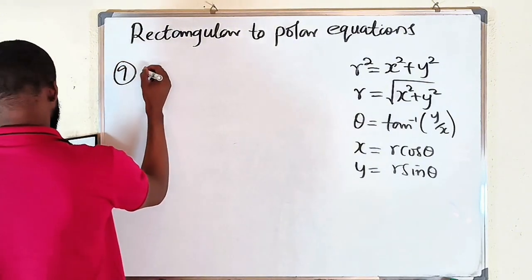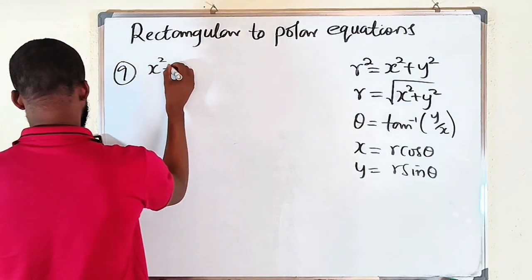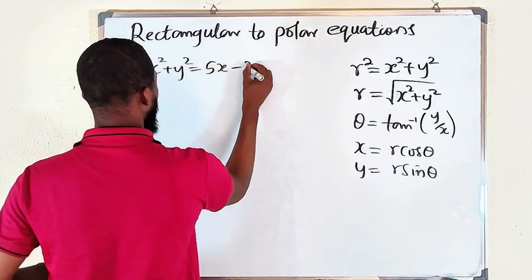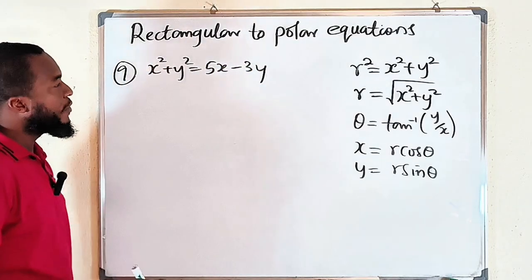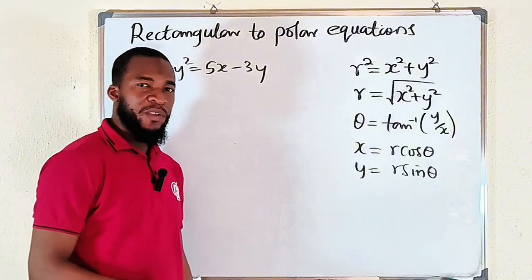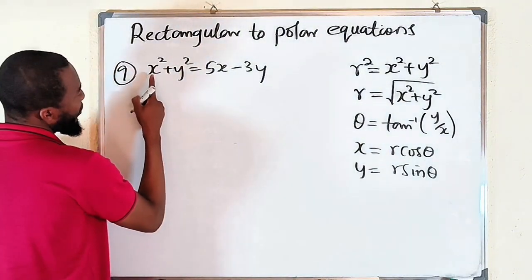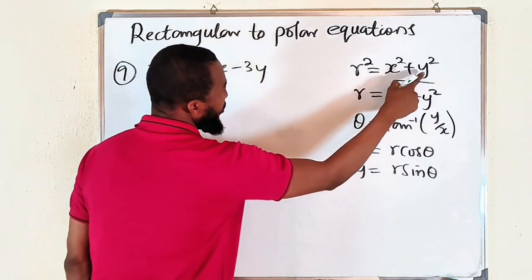Question number 9, we have x squared plus y squared is equal to 5x minus 3y. Wherever we have x, we're going to replace it with r cos theta and y with r sin theta. So the whole of this will be what?